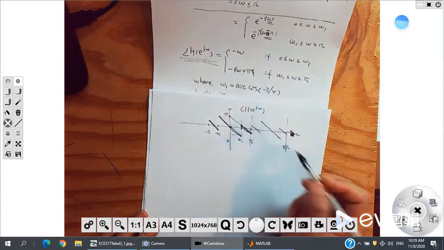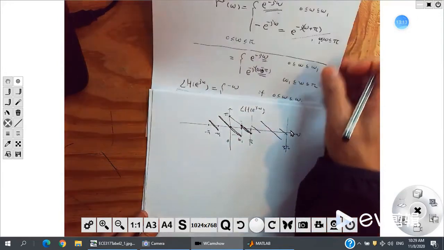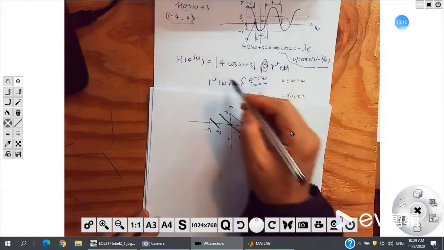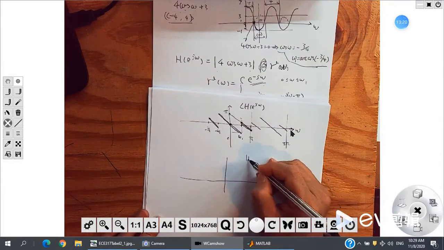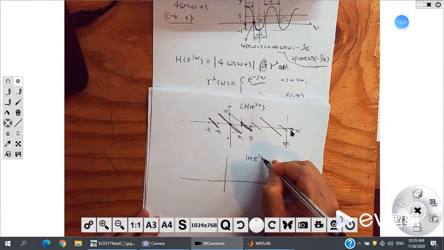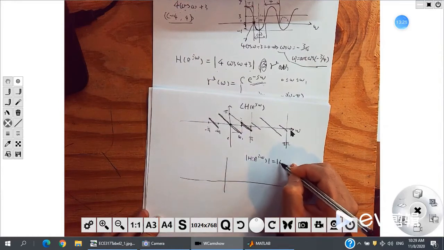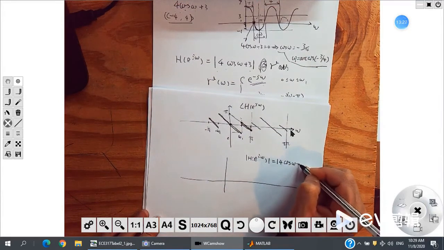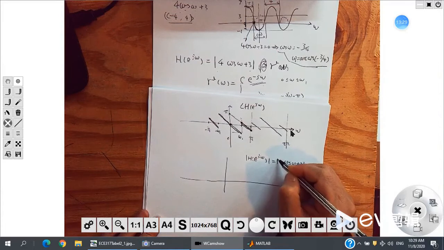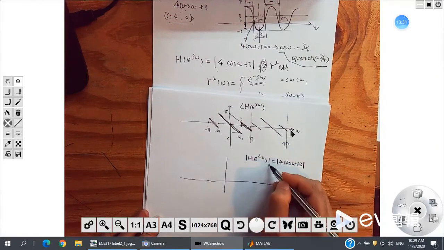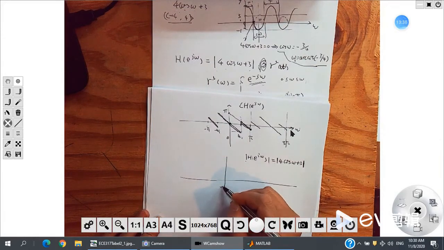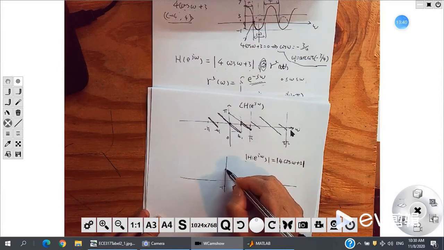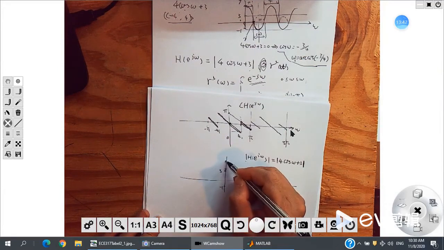Right. And actually at the same time we also have the magnitude, right? Magnitude is the absolute value of 4 cosine omega plus 3. Yes, you need the absolute value, because magnitude is always positive. This one will be a cosine wave with values negative 1, then 3, then 7, right?